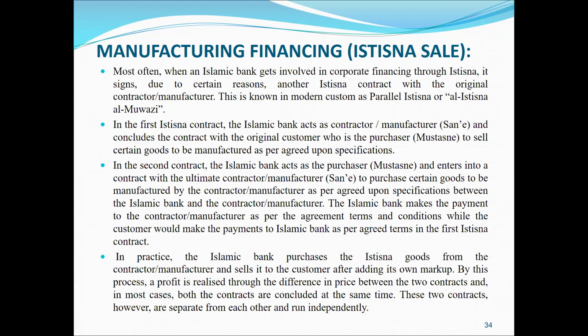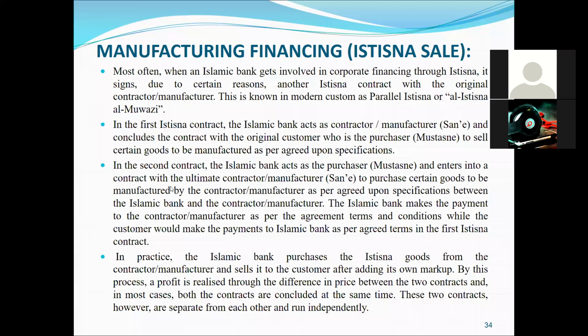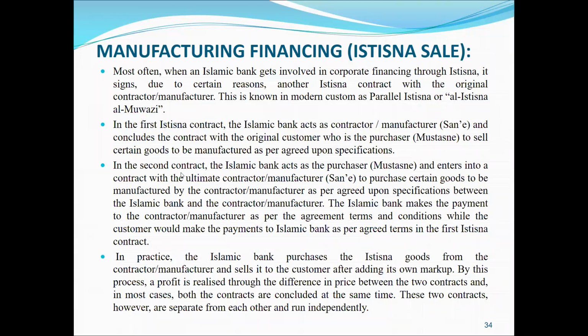In the first istisna contract, the Islamic bank is acting as a manufacturer and concludes the contract with the original customer, who is a purchaser, and sells certain goods to be manufactured as per the agreed specification discussed with the customer.